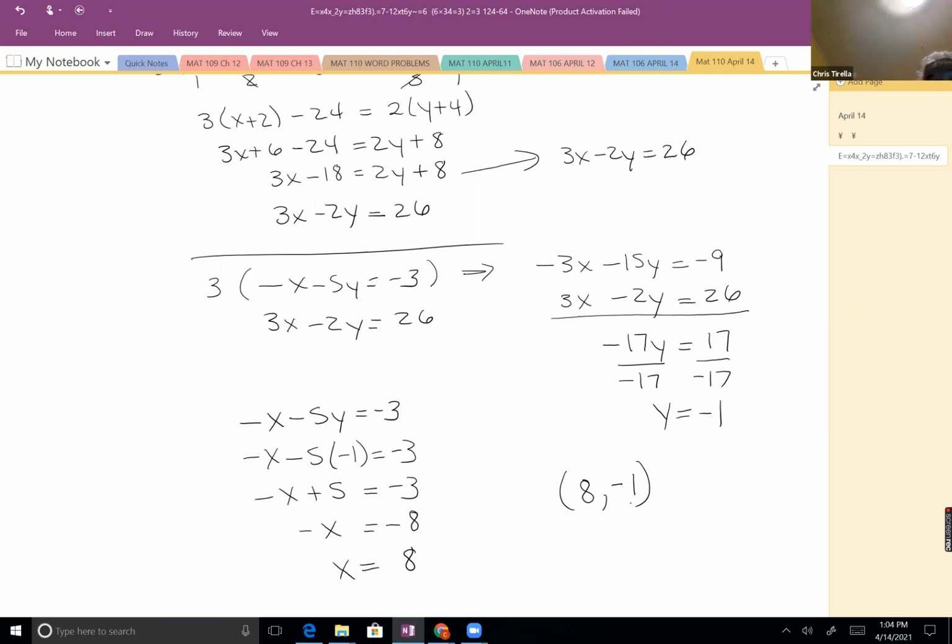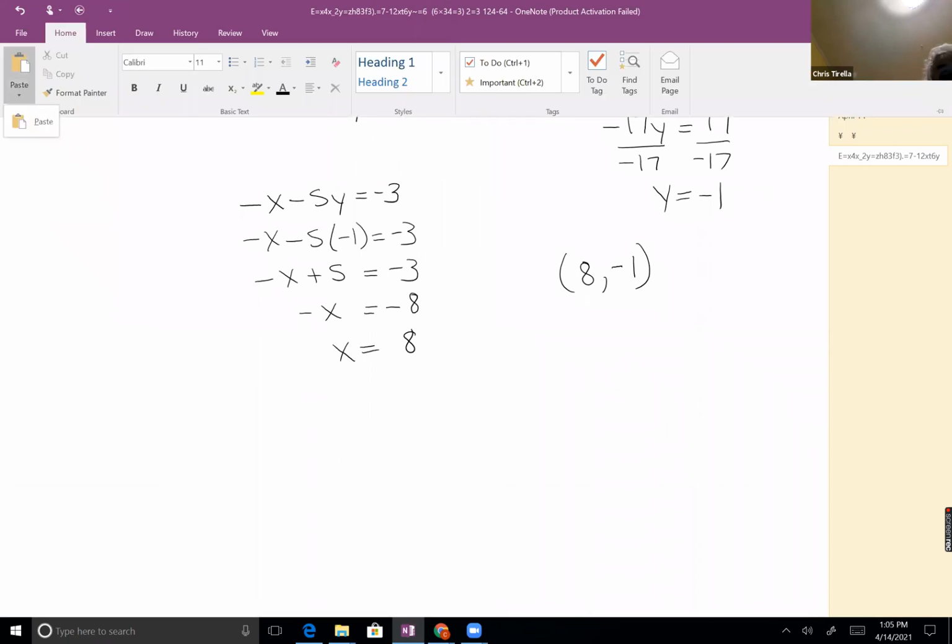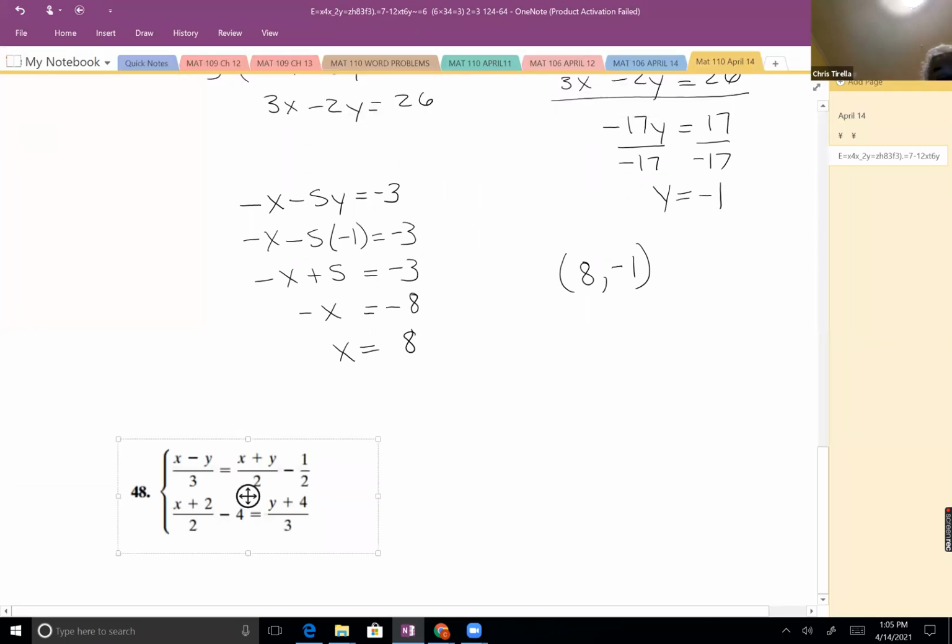With this one, I'd like to do the check. So I'm going to cheat and re-put my original equations down here. We're going to check the (8, -1).